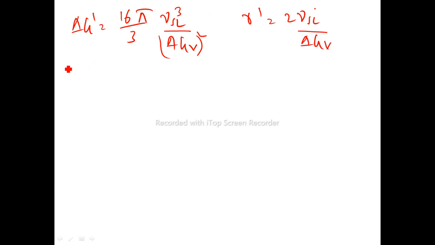As I said, these two expressions are very important for interviews as well as for GATE exams. Now we are modifying, we are getting some parameters, measurable quantities.